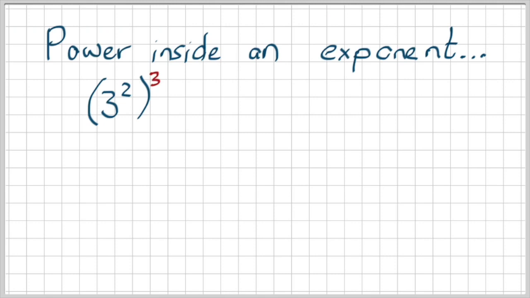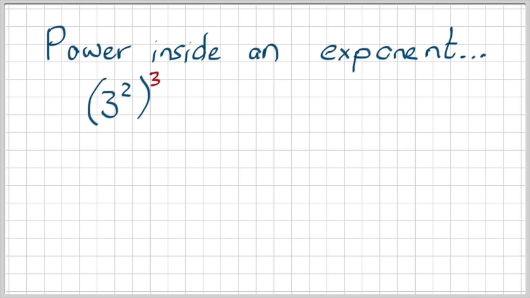For instance, let's say I've got 3 to the power of 2, and this in itself is again raised to the power of 3. It looks weird, kind of like Inception. I don't think any of you have watched Inception, but it's like a dream in a dream in a dream in a dream. This is kind of the same thing.